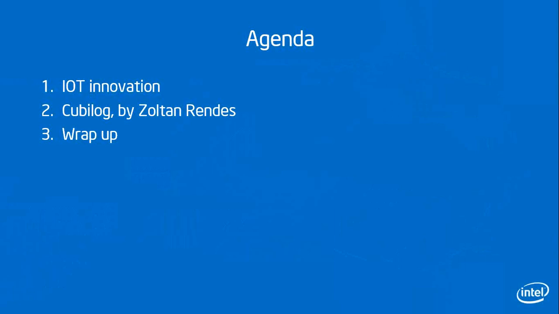Then we will hand over this webinar to Zoltan from Cubilog, and Cubilog have developed a very nice smart home device based on some Intel technology, and he'll get us through the details of how they developed that, the market, the ups and downs as they went through this. And then obviously we'll wrap up, and I think Beatrice has a last poll at the end of this. So this is the agenda for the webinar today.